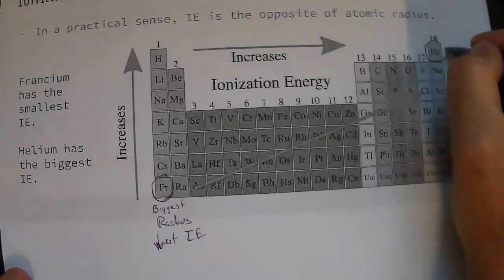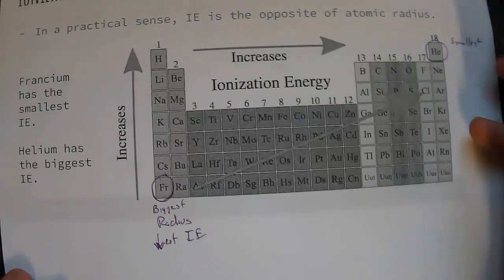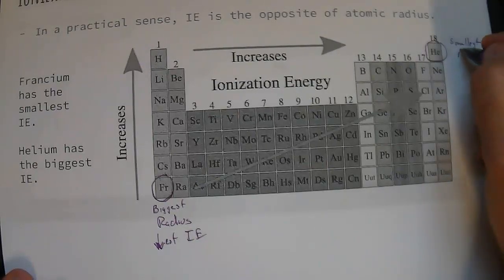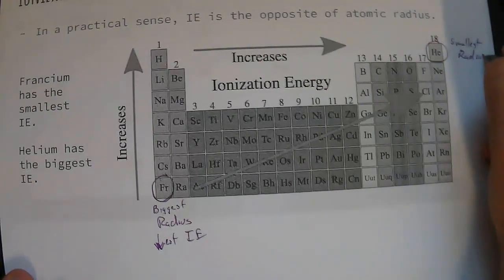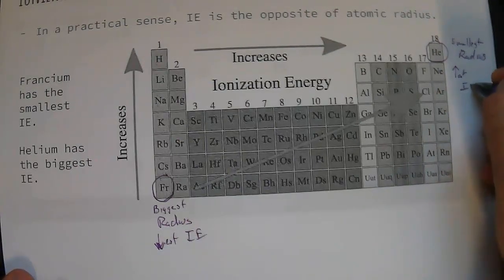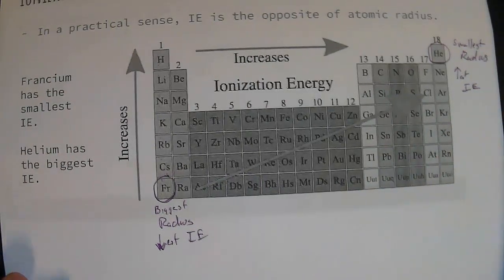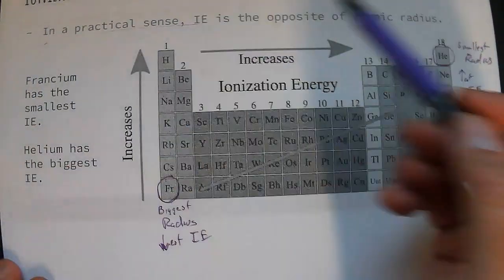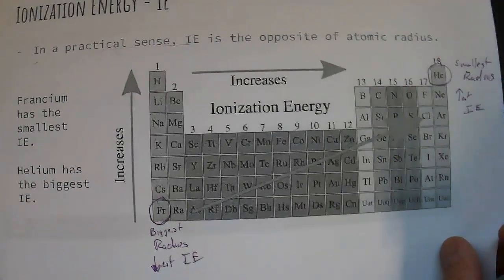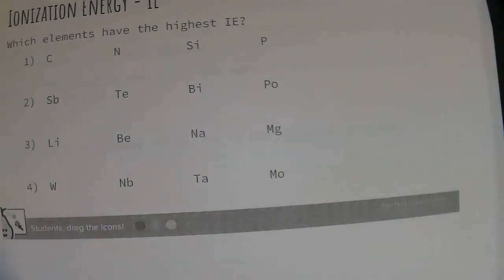As opposed to helium, which is the smallest radius, and so it has the largest ionization energy. So in a practical sense, it's just the opposite trend, because as one goes up, the other goes down.